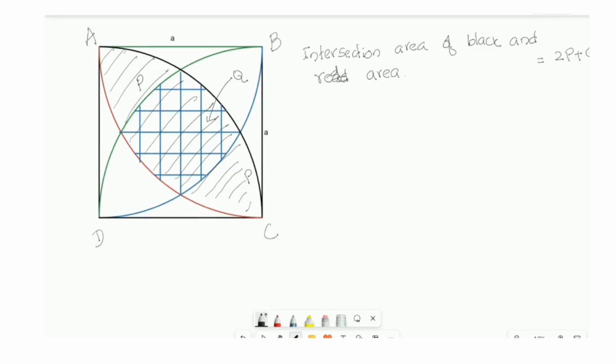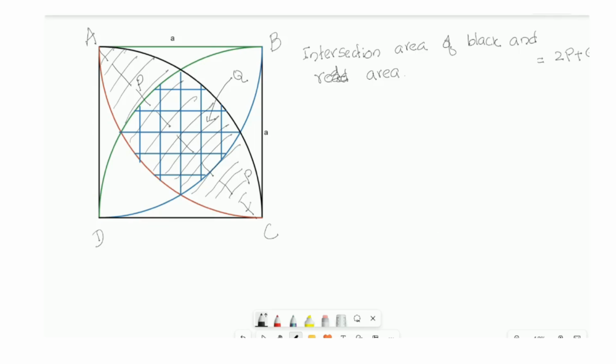Now if I draw the diagonal AC like this way. Now by this diagonal the whole total area is divided into two equal parts.